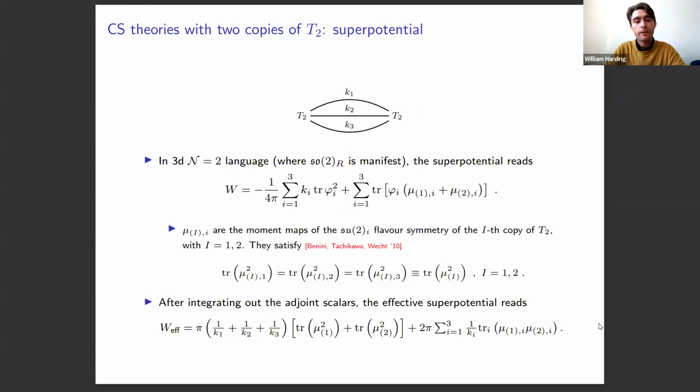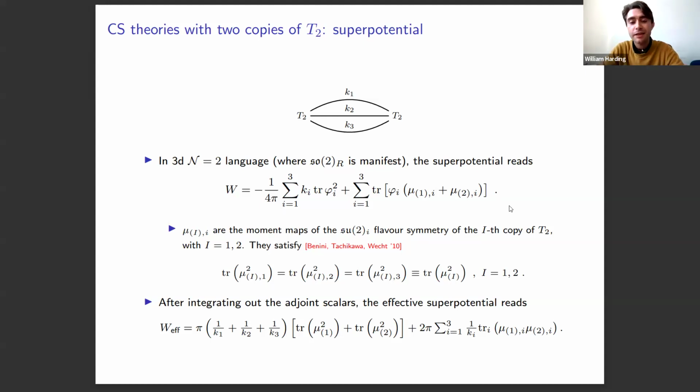Okay, so let us start with the superpotential analysis, and let us see why N=5 SUSY can be predicted from the superpotential. So let us consider these theories which I drew here, with Chern-Simons levels satisfying the ATT condition. In 3D N=2 language, where SO(2)_R is manifest, the superpotential is the following.